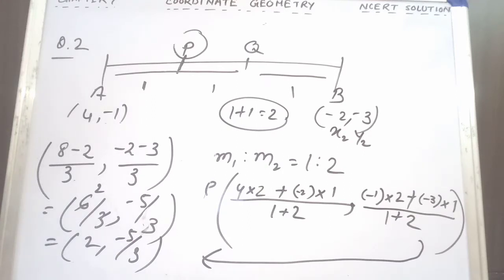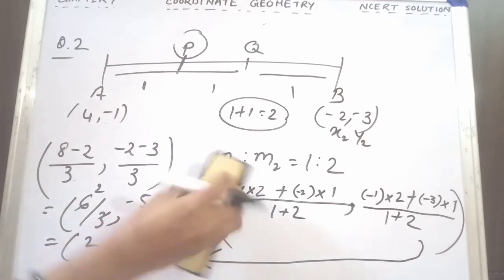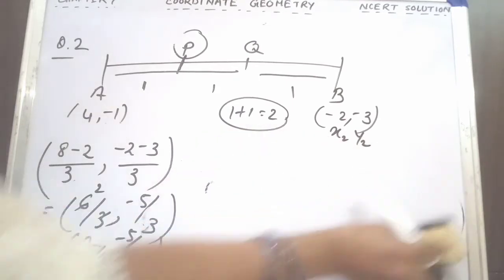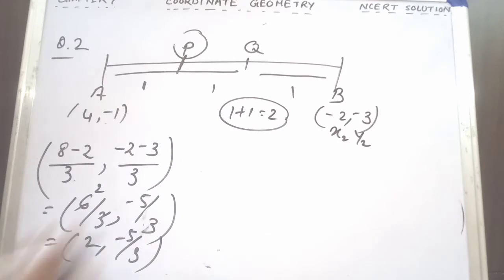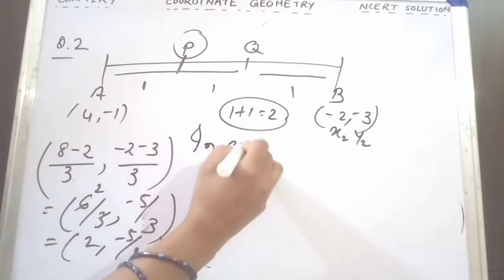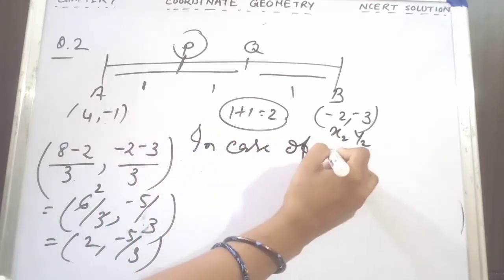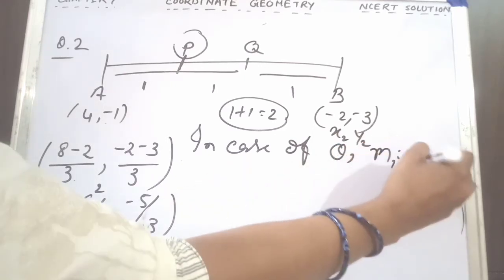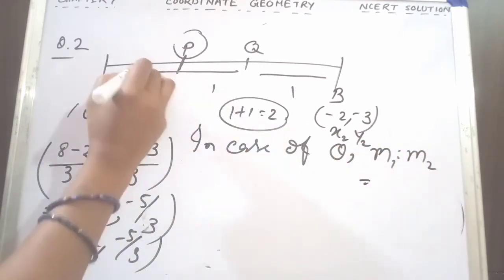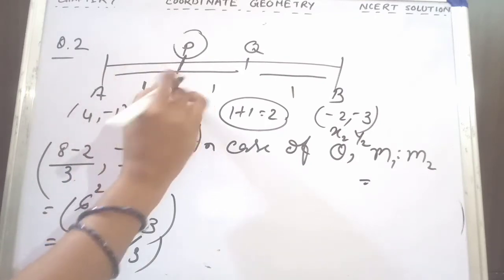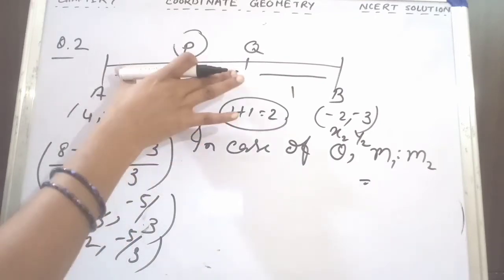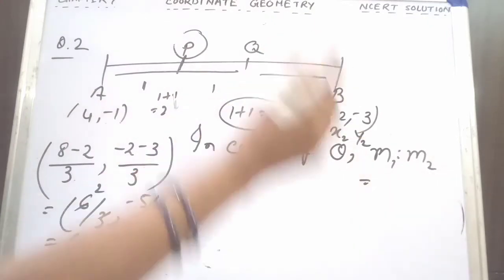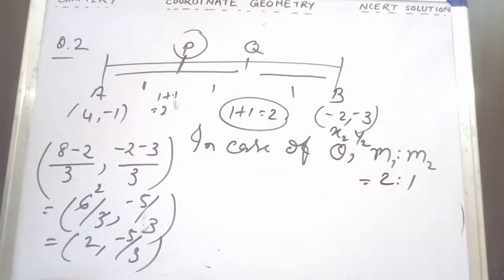Similarly, in case of Q, M1:M2 is equal to, this is 1 plus 1, 2. This portion is 2 AQ and this is 1. That means 2:1. Here M1 is 2 and M2 is 1.